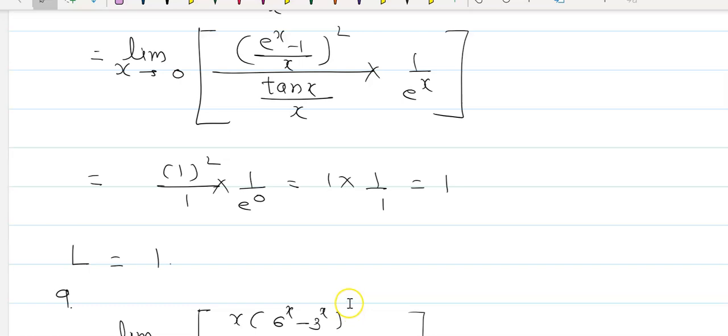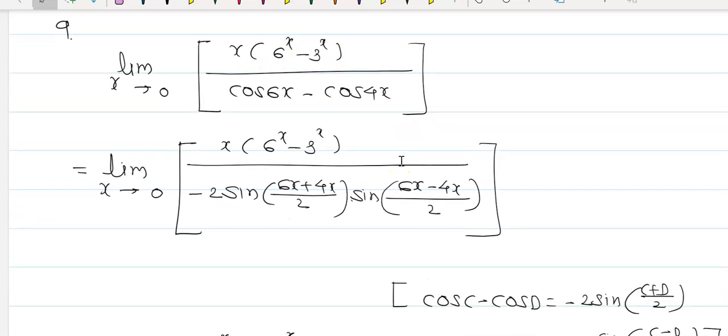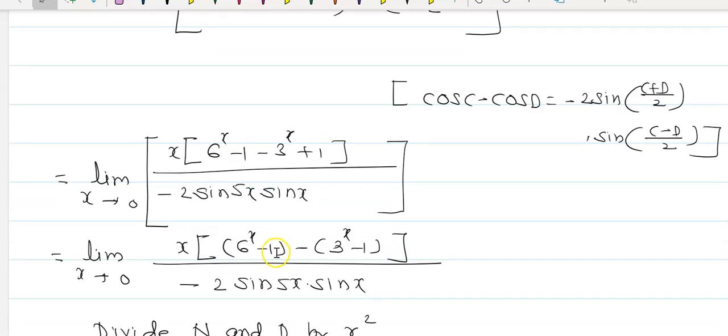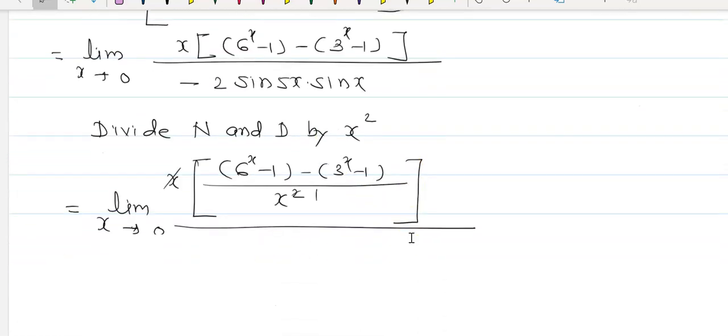Now see this again here. Divide n and d by x square. Apply the formula cos c minus cos d, minus 2 times sine of c plus d upon 2 into sine of c minus d upon 2. Divide n and d by x square. That x gets cancelled.